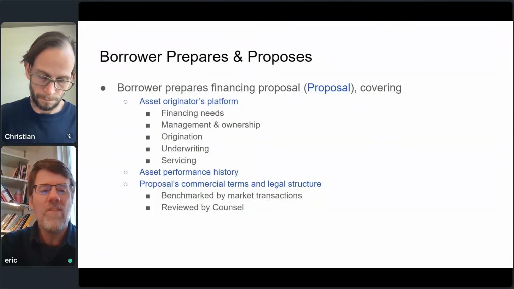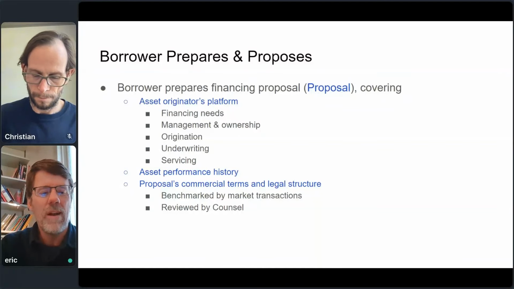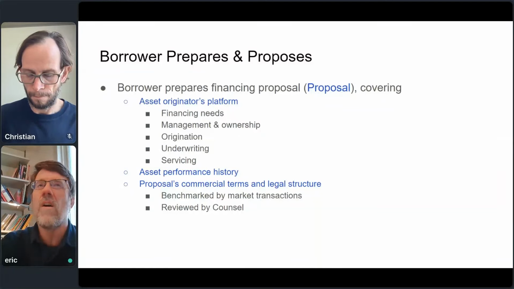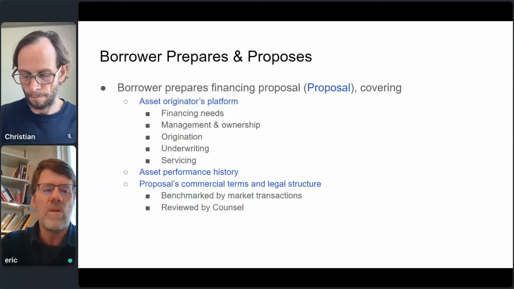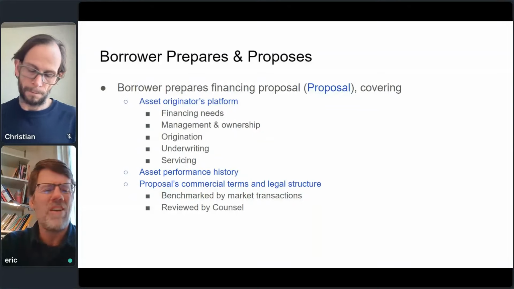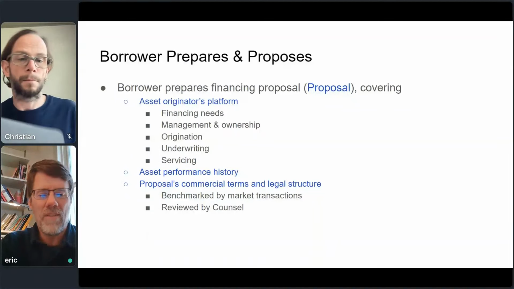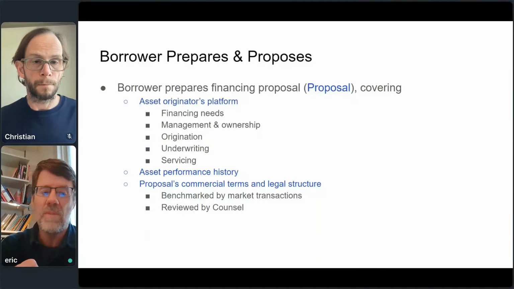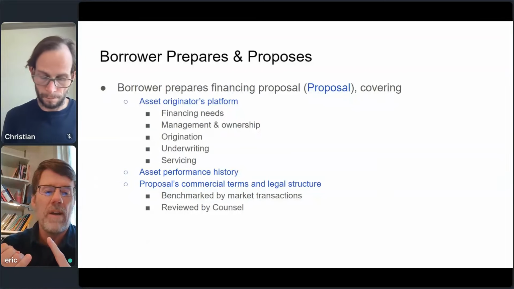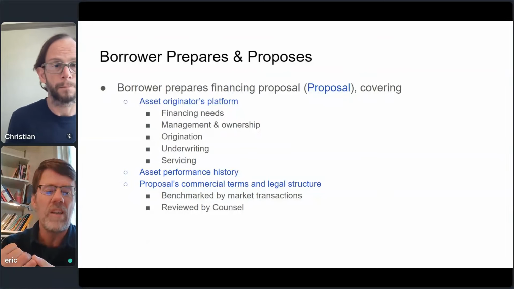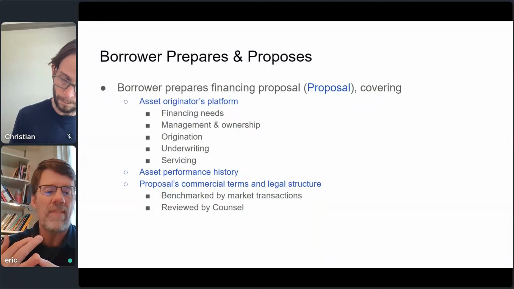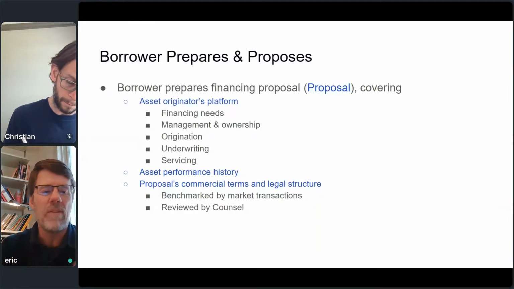And again, this is important, to have this level of expertise in putting this together. It's typically very difficult when a borrower doesn't know the market and know what they're looking for, and they just show up and say, we want money. And as a lender, you're like, okay, but there's just dozens of things to be addressed. So if the borrower doesn't know much, you typically would expect the borrower to have a smart legal counsel to guide them on legal structure, and then some kind of asset finance banker who can guide them on how this is done.